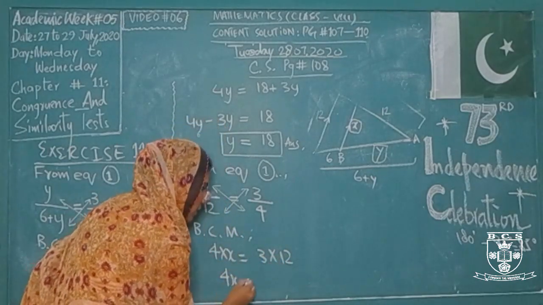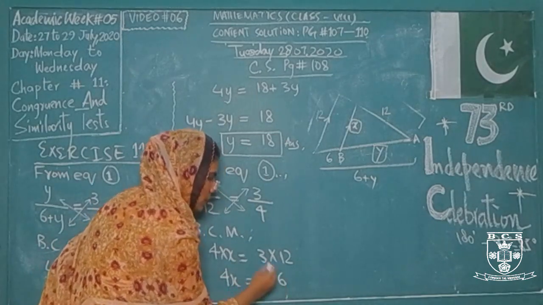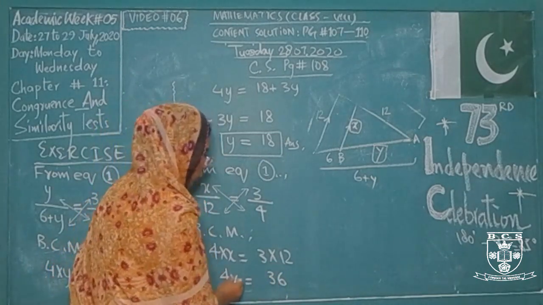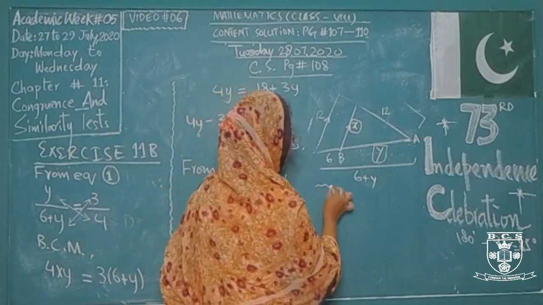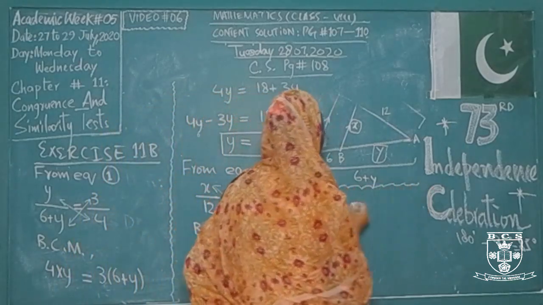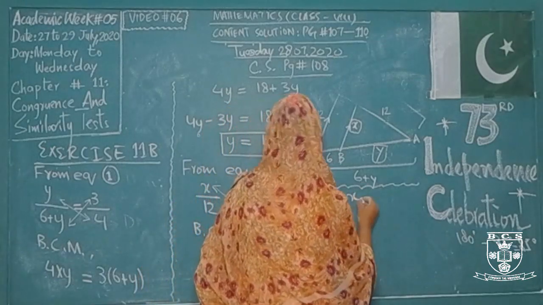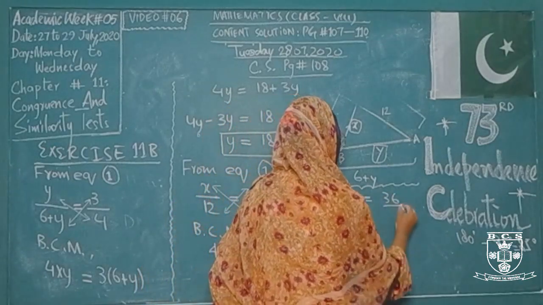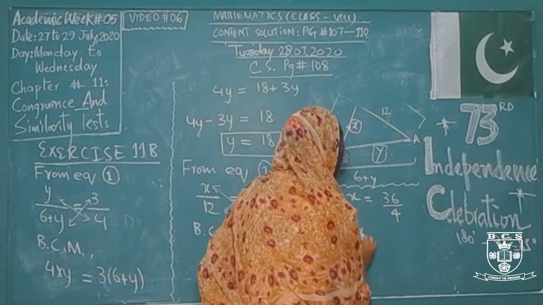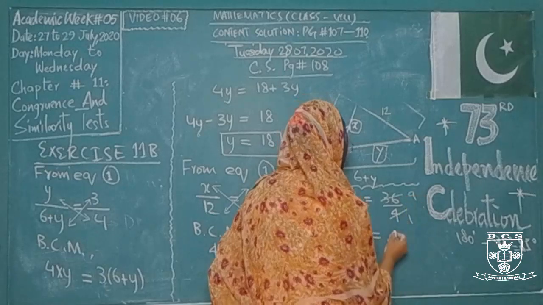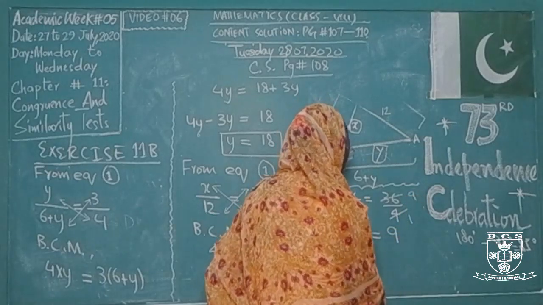That is 4x, and 3 multiplied by 2 is 6, 3 multiplied by 1 is 3, so this equals 36. Now 4 is multiplied on the left hand side, so it will be divided on the right hand side. 36 divided by 4. So x is equal to 9, since 4 1s are 4, 4 9s are 36. So this is the final answer for x.